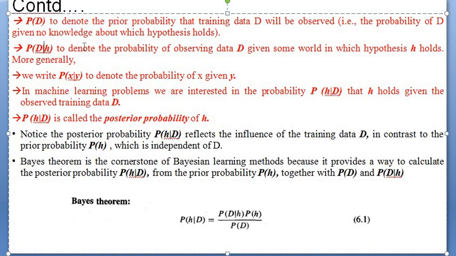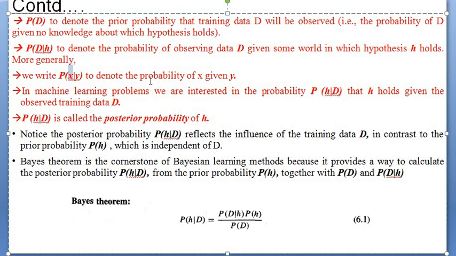As you can see here, it denotes the probability of observing data D in a world in which the hypothesis H holds. Another notation is P of X given Y, where Y is given and you have to find out the probability of X.